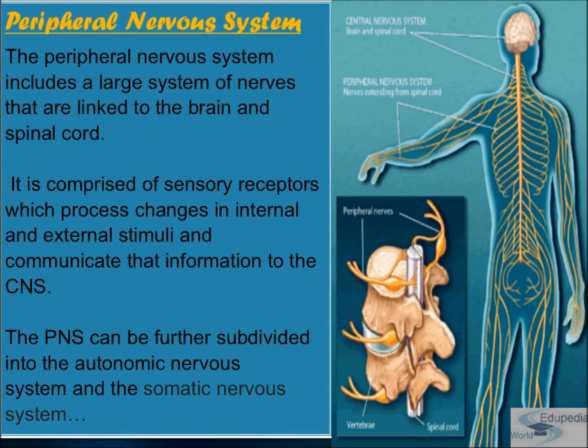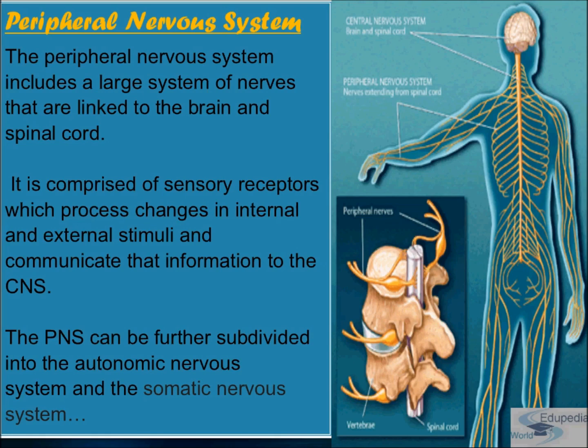Now comes your peripheral nervous system. Peripheral nervous system comprises all the nerves of the body which are associated with your CNS, that is brain and spinal cord. The nerve fibers of the PNS are of two types: afferent fibers and efferent fibers.